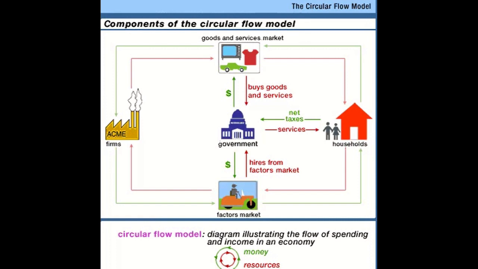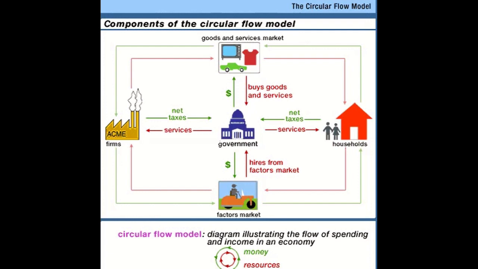Over here on this side, we have the same story. Firms pay taxes to the government on net, although some firms get subsidies from the government. On net, however, the flow of money is from firms into the government in the form of taxes. The flow the other direction is the government providing goods and services to firms. Not only do firms use roads and bridges, but firms also profit from the court system and laws and contracts and such things that are enforced by the government.